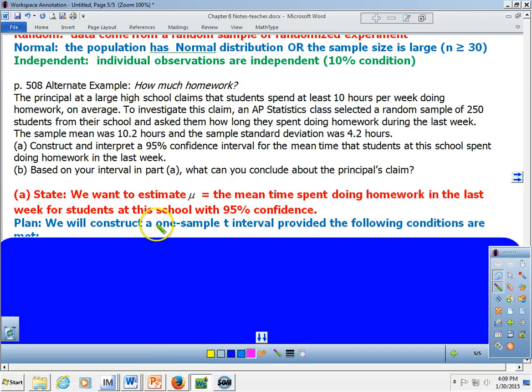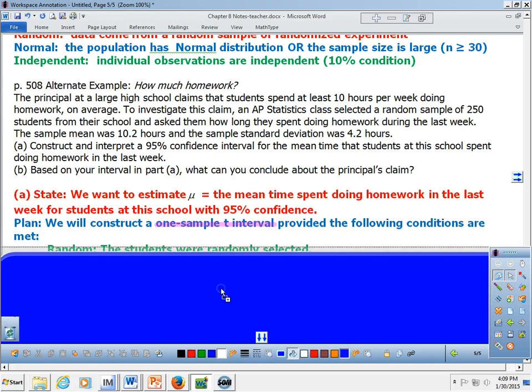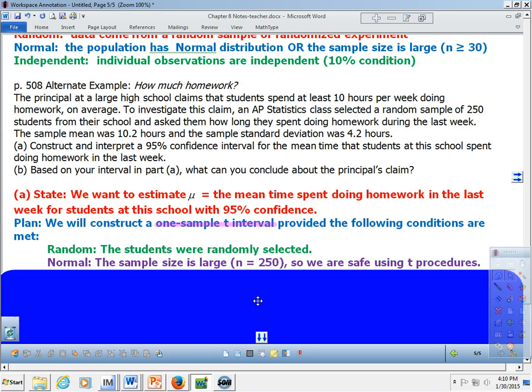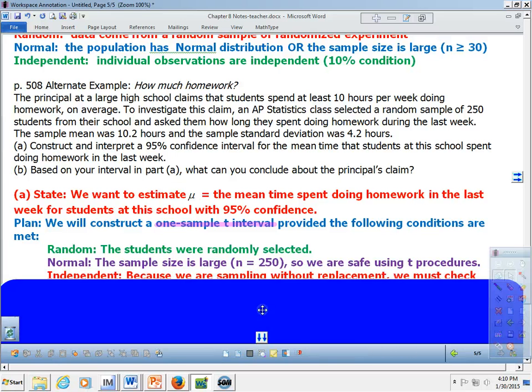Since we're working with means, we're going to do a 1-sample t interval, and now let's go check our conditions. This is from an SRS, so the students were randomly selected. Random sample of 250. Our sample size is 250, so the central limit theorem kicks in and says that our sampling distribution is of a shape where we can use our t procedures.